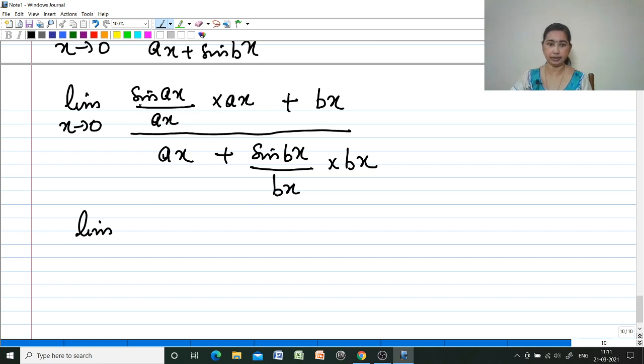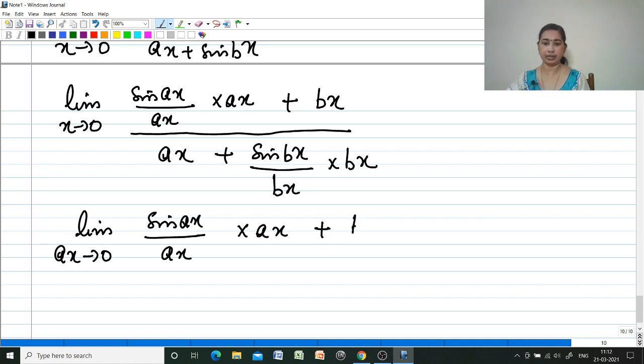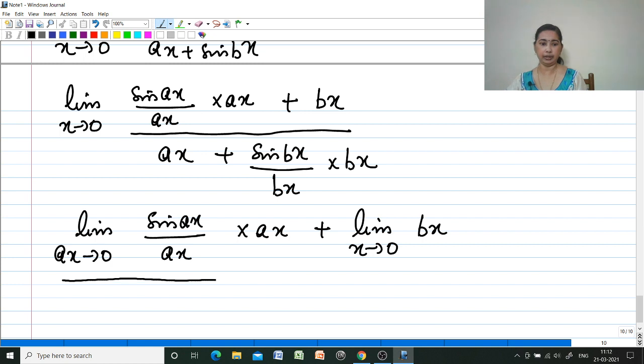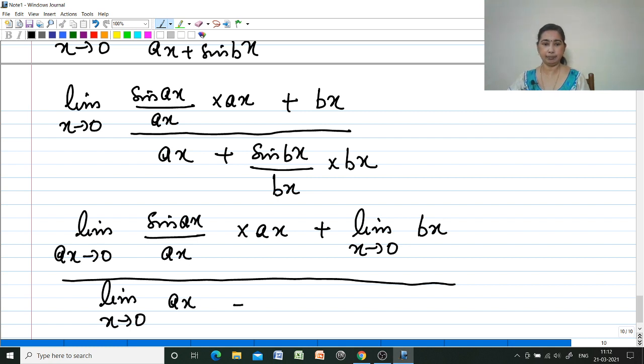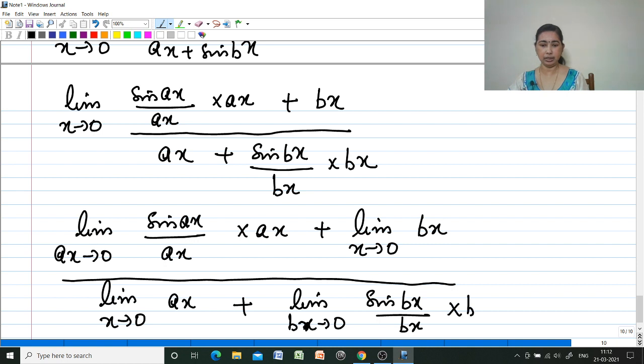If I am applying the limit over here, it should be: limit ax tends to 0 of sin ax by ax into ax, plus bx, then divided by, here also the limit should be written, limit x tends to 0 bx, then the whole divided by limit x tends to 0 ax plus limit bx tends to 0 sin bx by bx into bx.